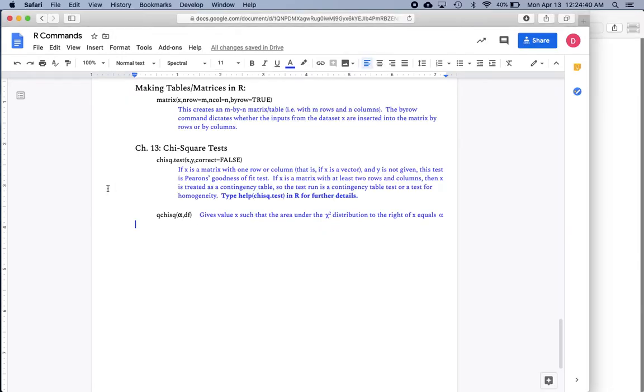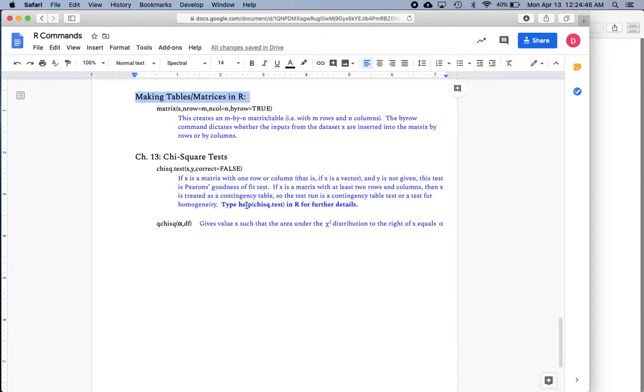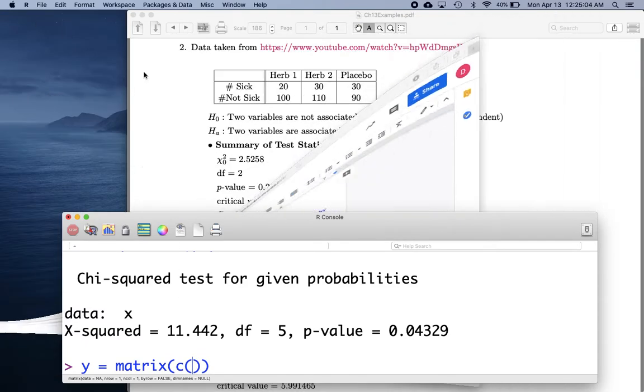The commands for forming a matrix I've also put in R, so these are the values here. That's the commands for making a matrix in R. By a matrix, all I mean is a table.